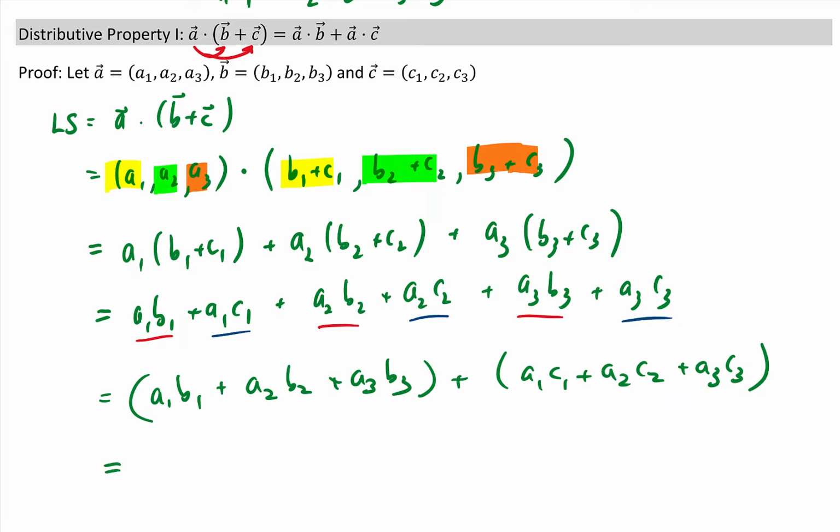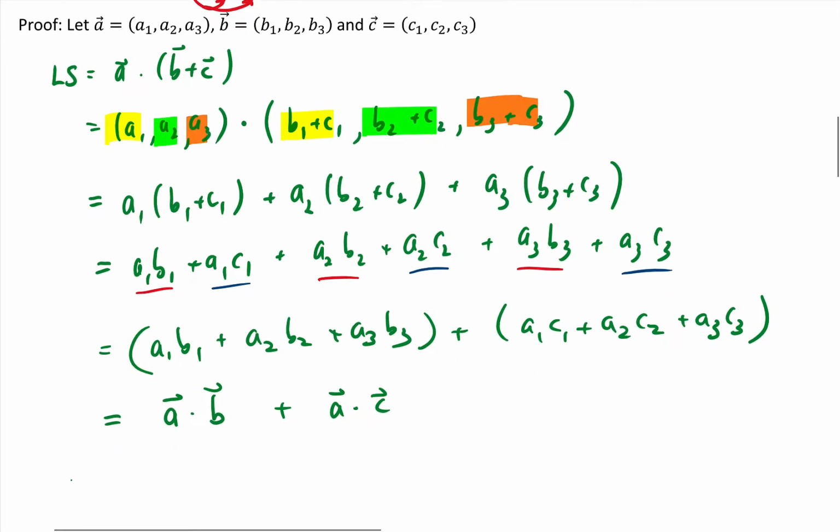And notice that the first bracket there is the dot product A dot B, and the second bracket is the dot product A dot C. So now we've shown that the left side is equal to the right side. So therefore the distributive property does hold for the dot product.